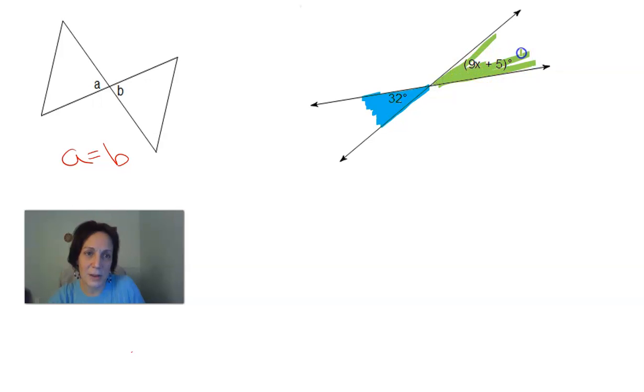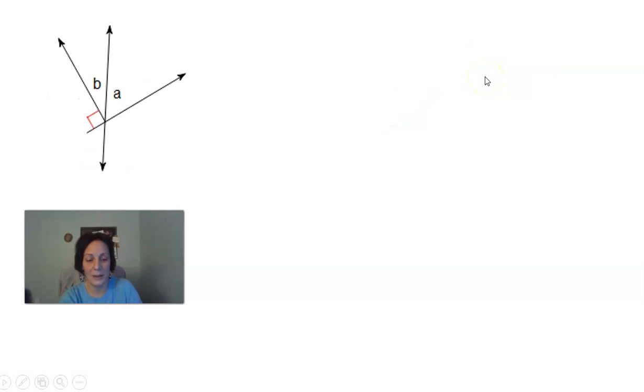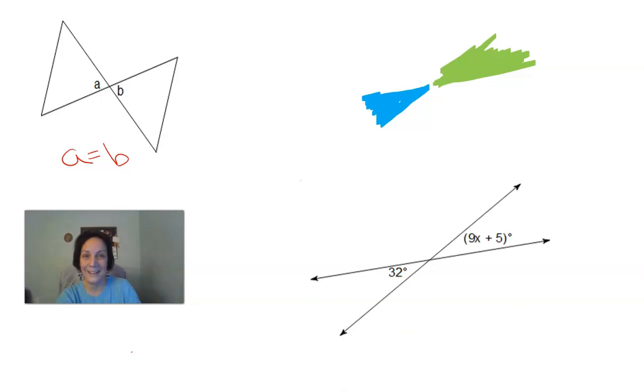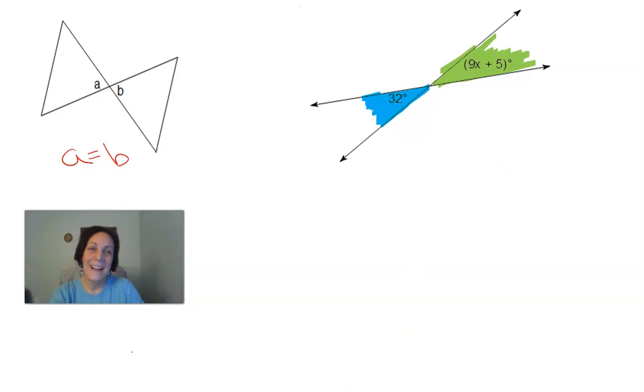algebraic expression. Now notice that they have a 9x plus 5 there, and it's complicated even more by them putting parentheses around it and then putting the degree symbol after it. Okay, I'm back. All right, they complicated it even more by putting parentheses around it and a degree symbol. You can kind of ignore that. The only reason that's there is because they're indicating that it's the measure of an angle, and angles are measured in degrees.